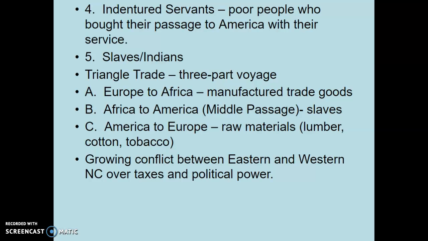The western part of the state was pretty much all small farmers, family farmers, that kind of thing. And the eastern part of the state was a lot of bigger plantation agriculture and cities and things like that. So there's just a big cultural divide, and there were some tax disputes that we'll talk about in the next unit as well. But it's just good to note that the eastern and western parts of North Carolina were not getting along during this time period.